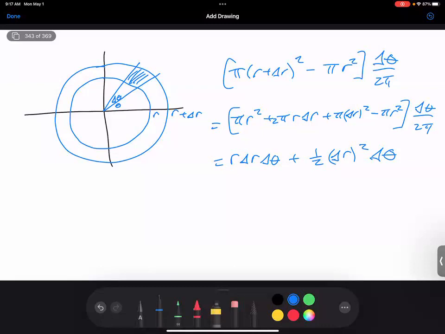How many small factors does this have? The second term has how many small factors? So you said it has a delta r squared. That's correct. That's the first half. How many small factors does delta r squared delta theta have?